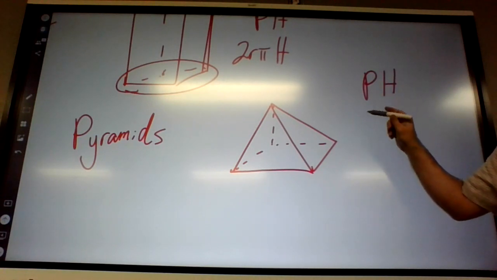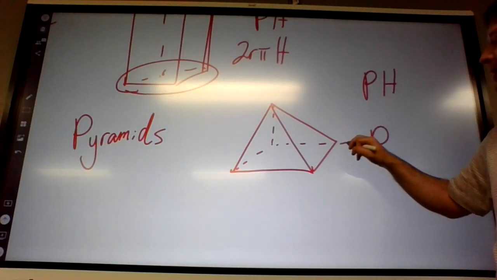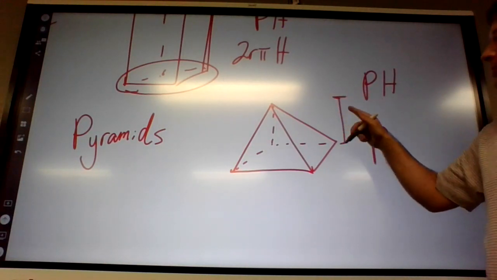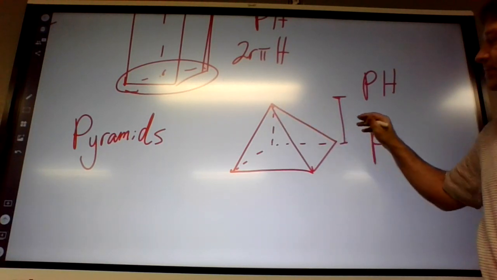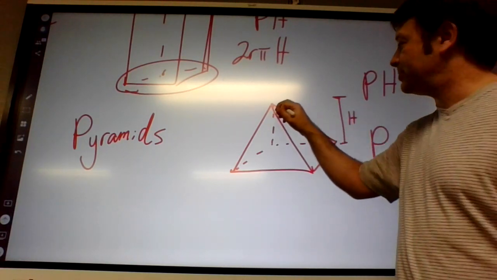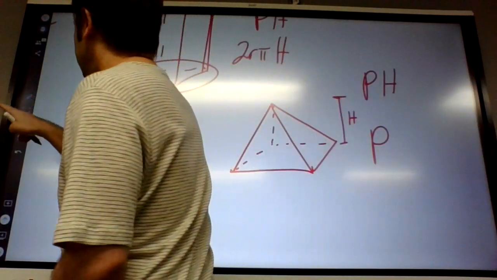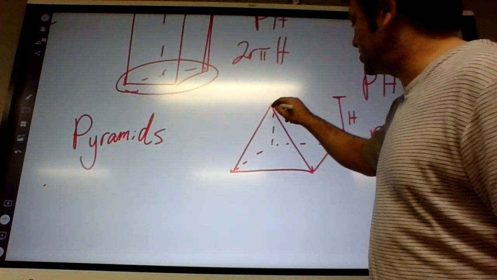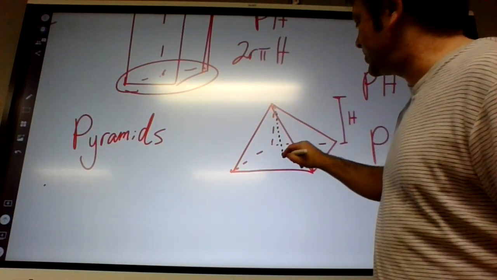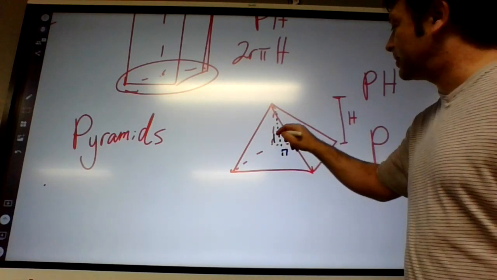It's close to that. Instead of perimeter times height, it's, well, problem number one, the height does not tell you how long this is. So instead of just the height, usually we draw the height like, we change colors. Usually you measure the height from the vertex straight down, so that's the height right there.